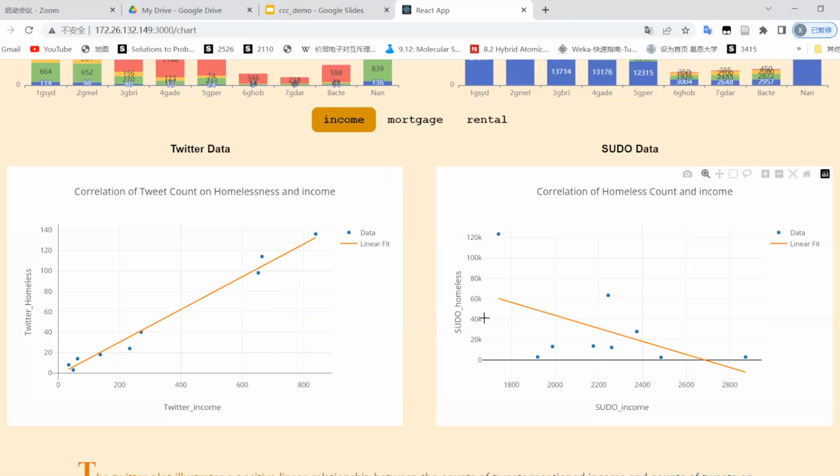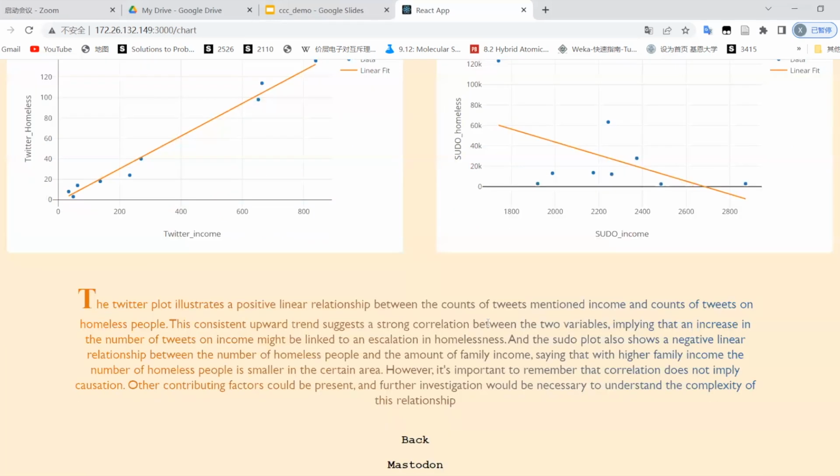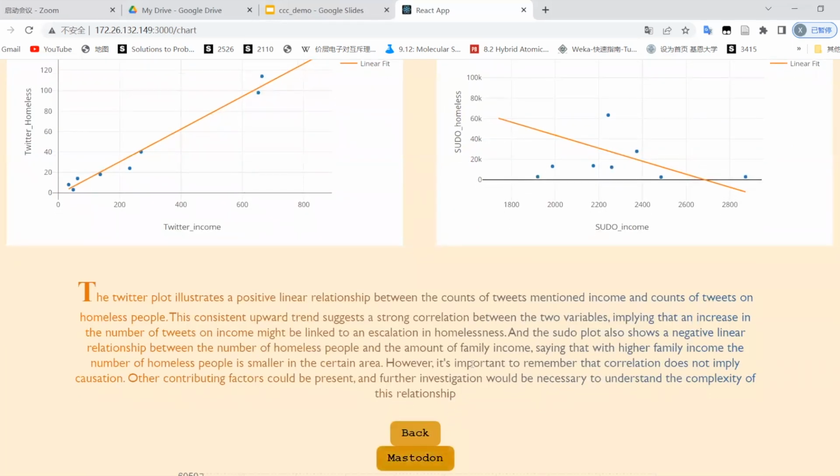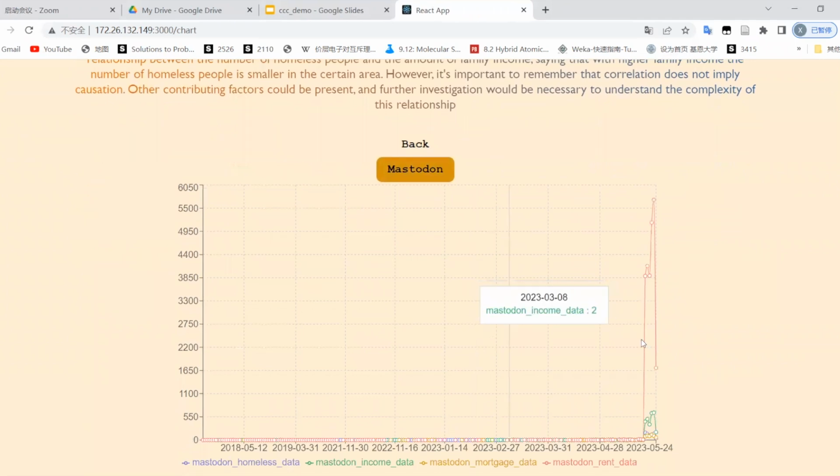This also leads to fewer people discussing homeless on Twitter, and therefore the area will have fewer homeless people in the Pseudo data.